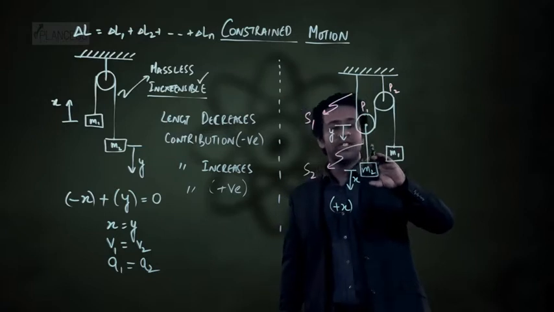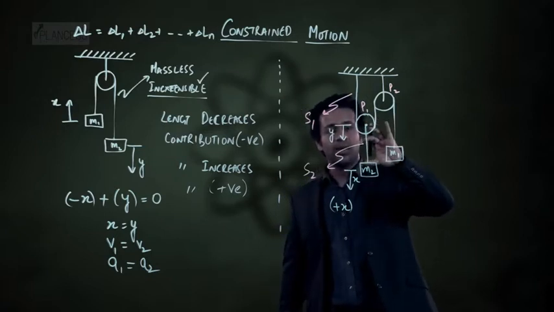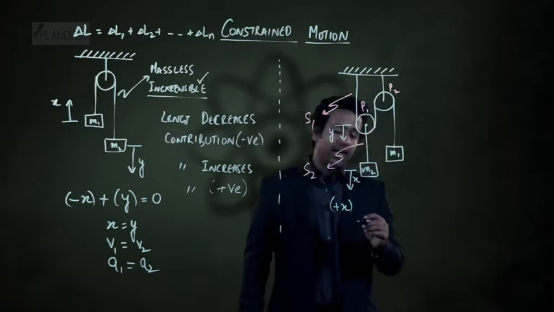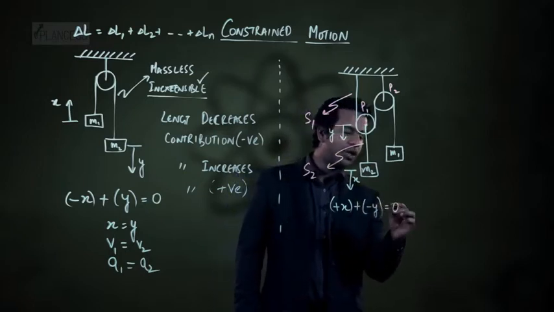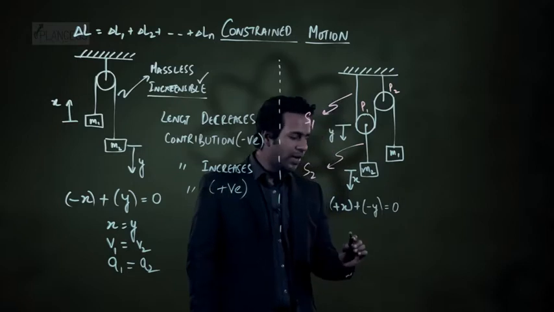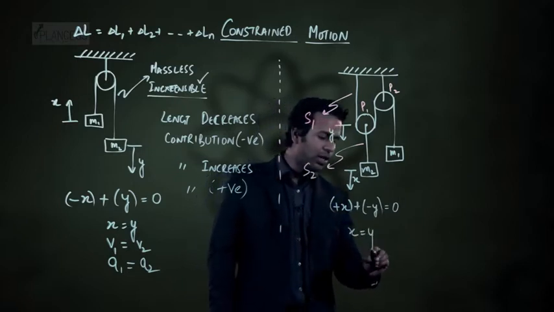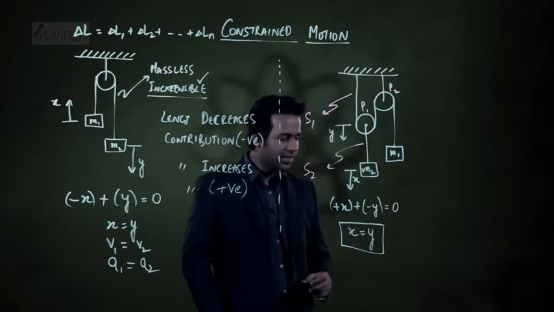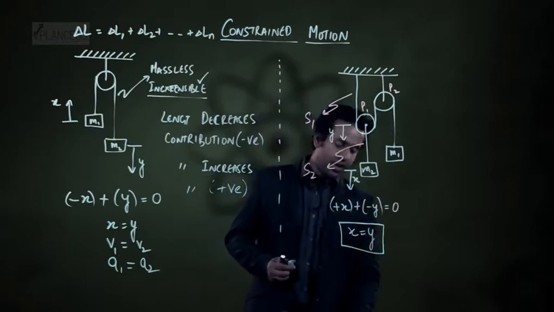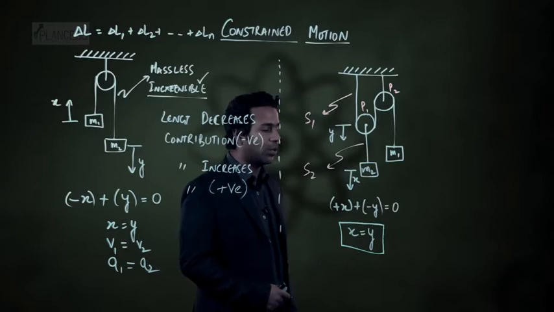So if M2 is held fixed and the pulley is brought down, the length of the second string decreases by an amount Y. And the sum of these contributions should be 0. So we get that X is equal to Y. So this is our first equation which we have got through string 2.